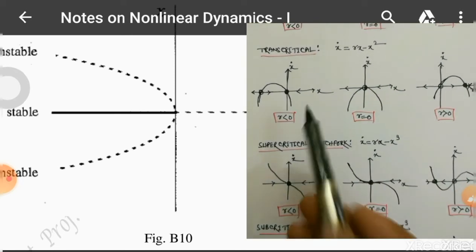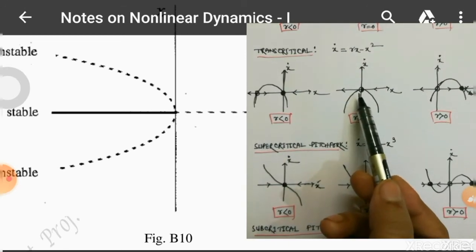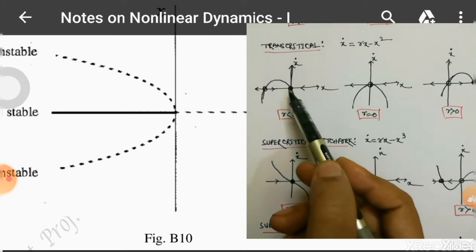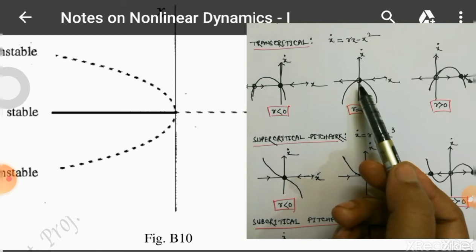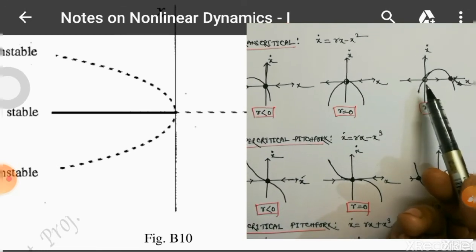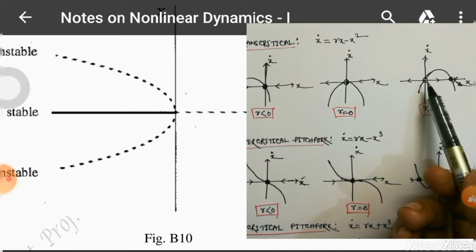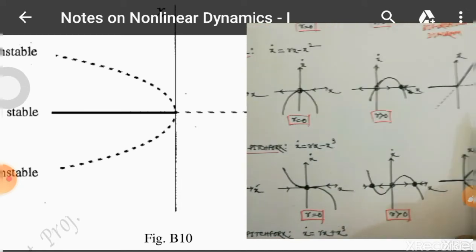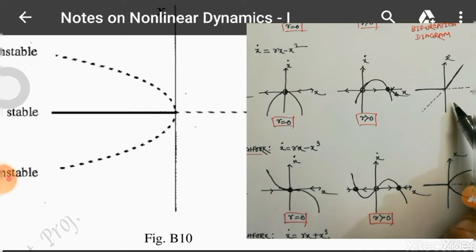Here you can see that x equal to 0 always remains as a fixed point, but for r less than 0 it is a stable fixed point. For r equal to 0 it is a half stable fixed point, and as r becomes greater than 0, the fixed point becomes unstable. The bifurcation diagram for transcritical bifurcation looks like this figure.